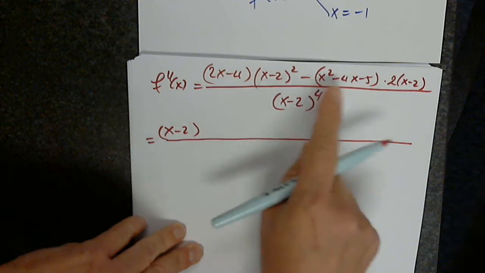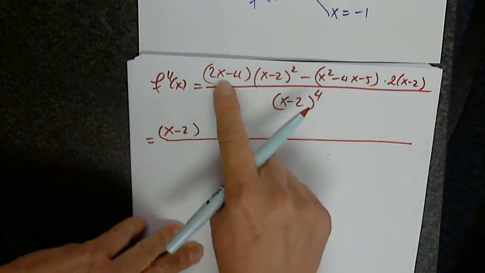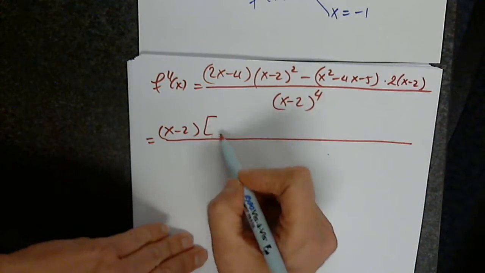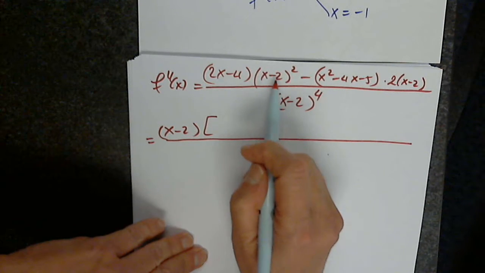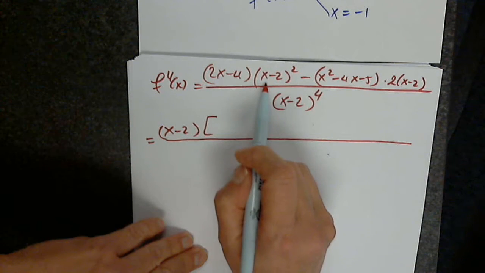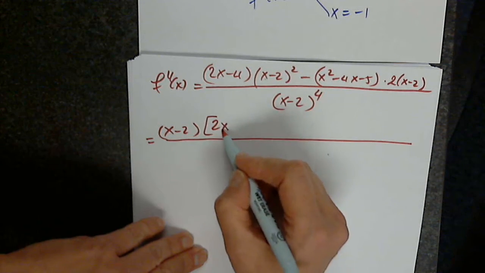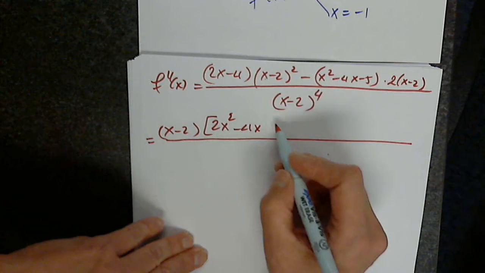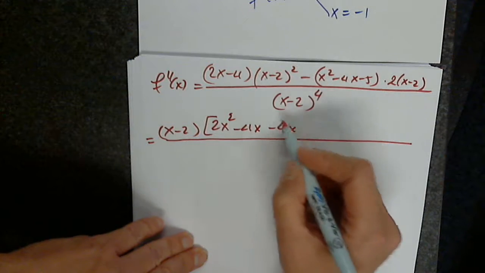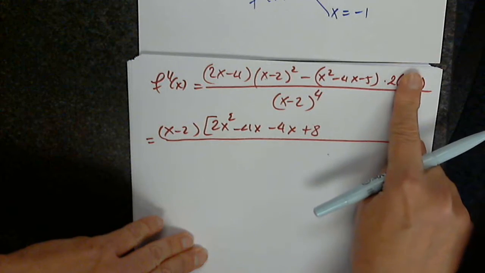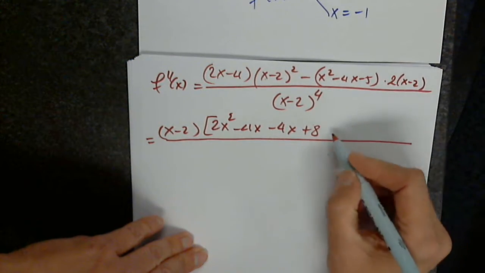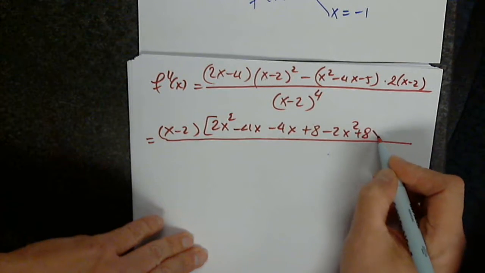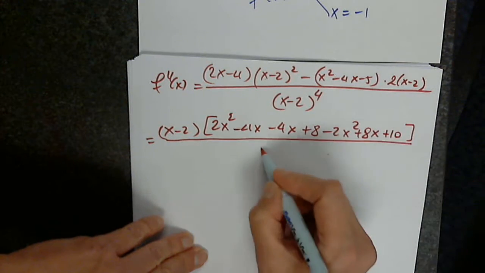I should have taken a 2 as well, but I don't want to confuse you. So x times 2x, 2x squared, minus 4x, and minus 4x, and then plus 8. This is out. So minus 2x squared plus 8x plus 10.